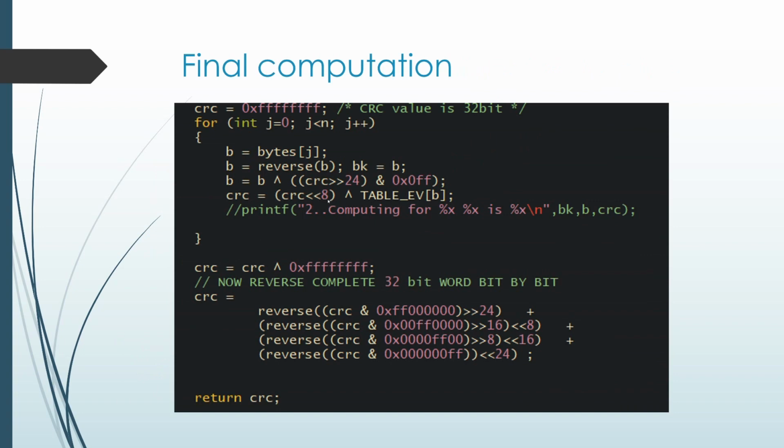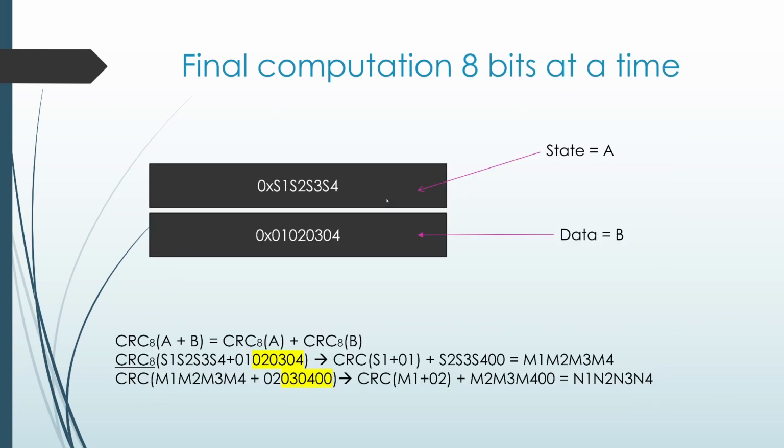And you can see why this happens like this. So this step was essentially the linchpin of this whole solution, understanding that CRC of A plus B, and then these S2, S3, S4 or 02, 03, 04 have very little value in this 8-bit computation.